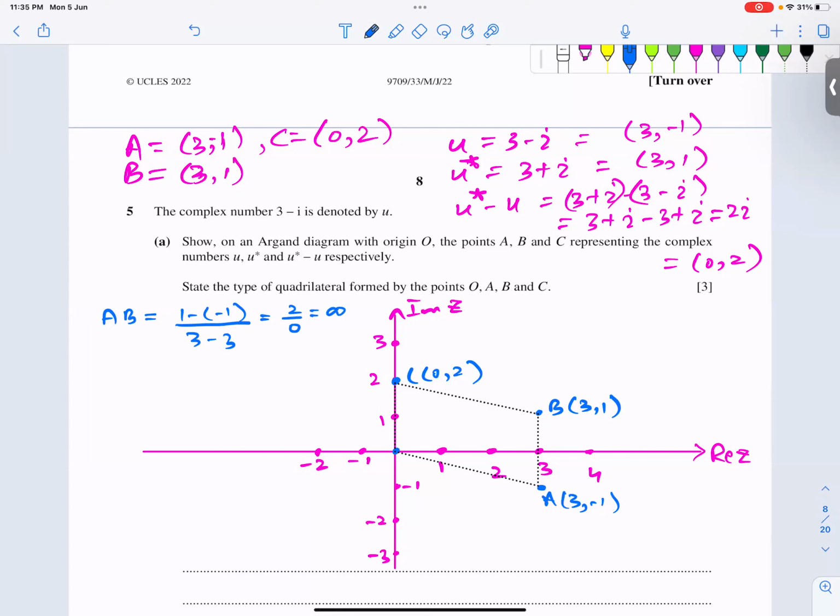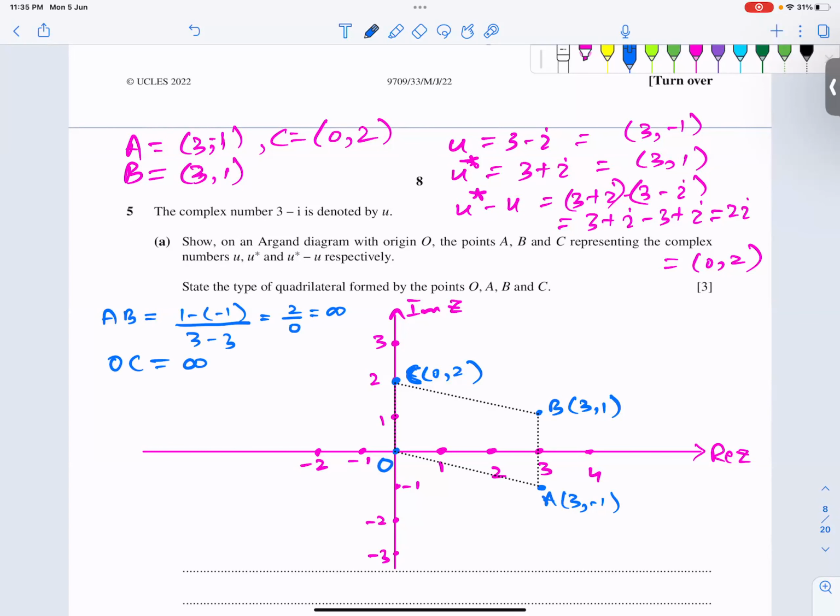And we already know that the gradient infinity is actually the gradient for the y-axis, okay? Also the gradient for OC is actually the y-axis, and the gradient of OC will be infinity. So it means OC is parallel to AB.